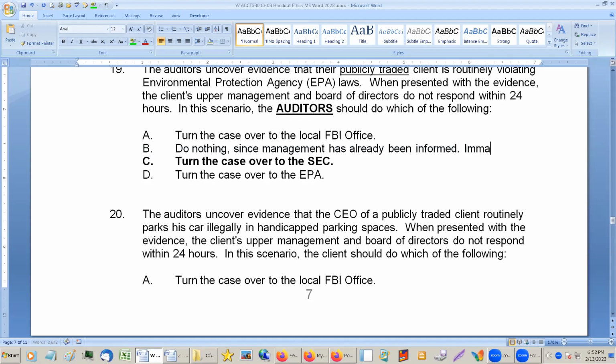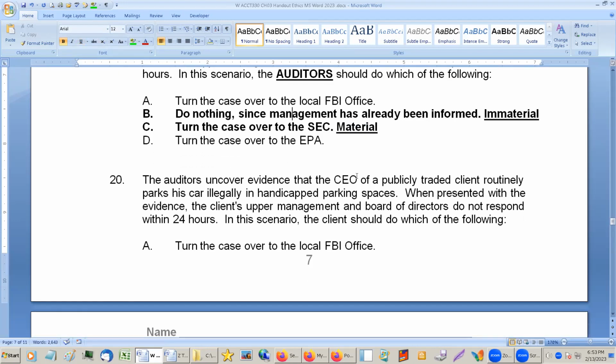If it's immaterial, that's not a great question. There are a few problems with it. I'll have to go back and take another look at that one and get a little more information in a little bit. If it's material, then it would go to the SEC.